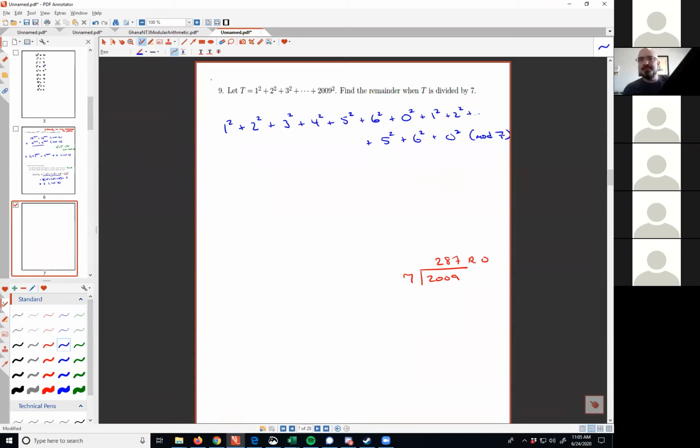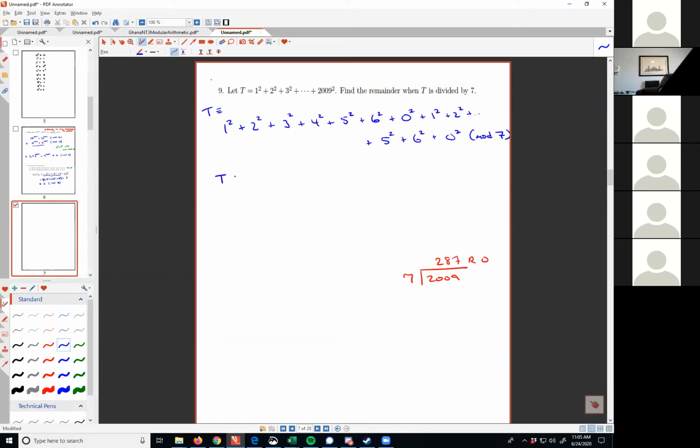Okay, what do we do now? We can write the values of the numbers and divide by 7. In other words, replace the squares with their modulo 7 residues.